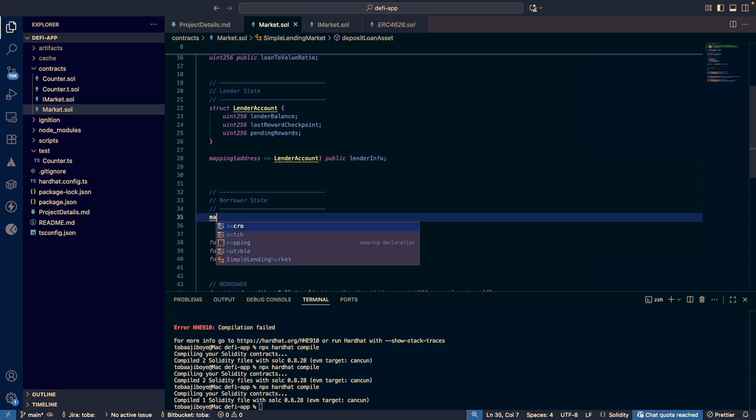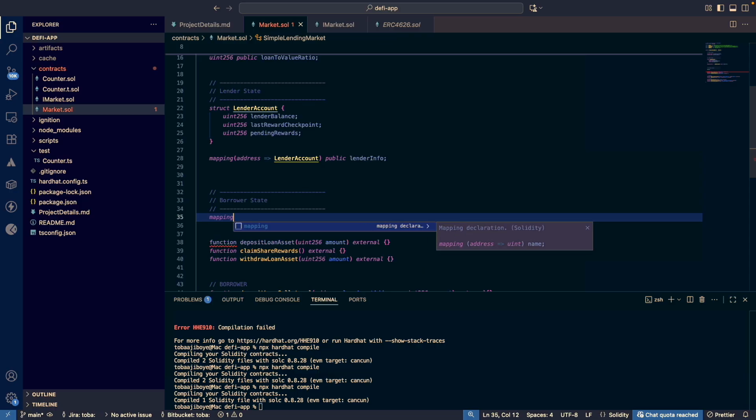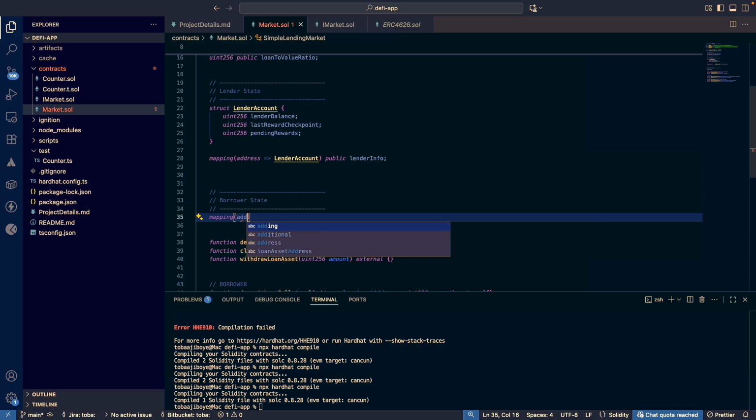So let's say mapping. Let's do user address. I find this to be helpful for some people. If it's wrong, I'll fix it. So we're gonna have a nested mapping.